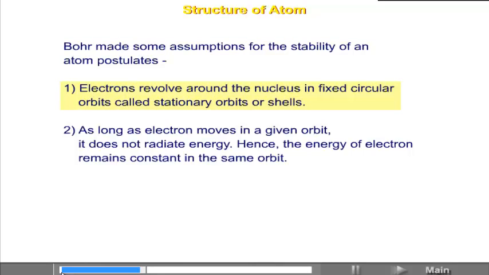First, electrons revolve around the nucleus in fixed circular orbits called stationary orbits or shells. Second, as long as an electron moves in a given orbit, it does not radiate energy. Hence, the energy of the electron remains constant in the same orbit.